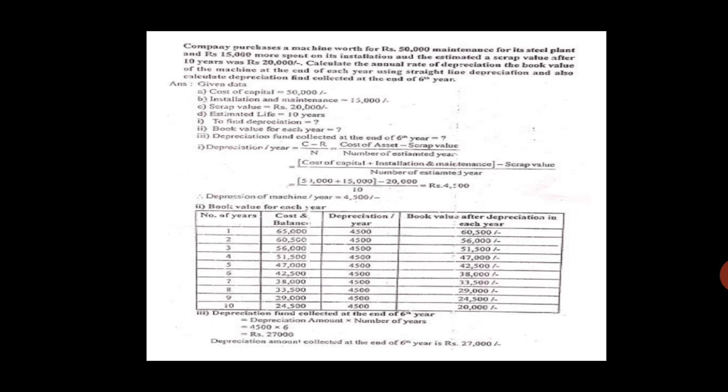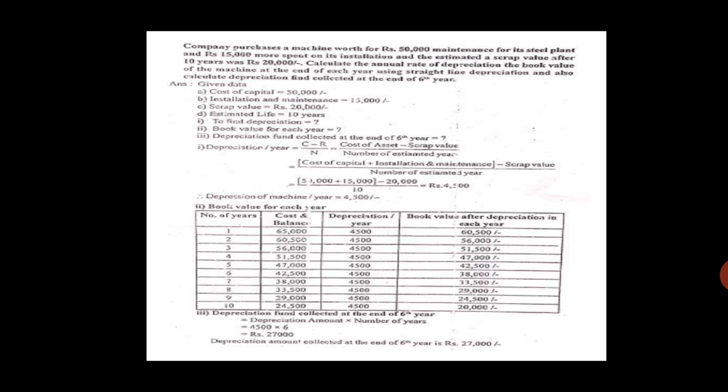So in this straight line method, the depreciation is straight, constant throughout the life of the equipment. Here it is for 10 years. So it is constant for 10 years. Every year for the 10 years life of the machine. So then what is the depreciation fund after the 6th year he is telling.